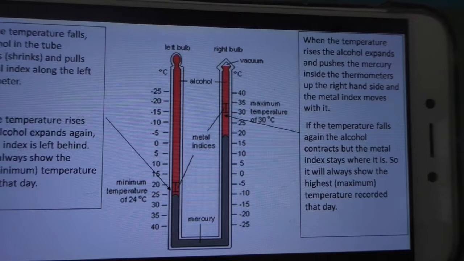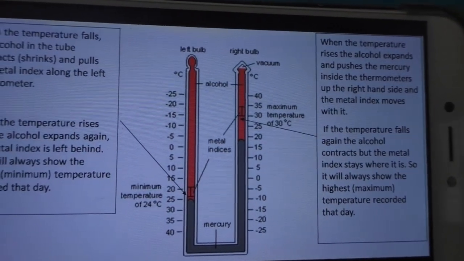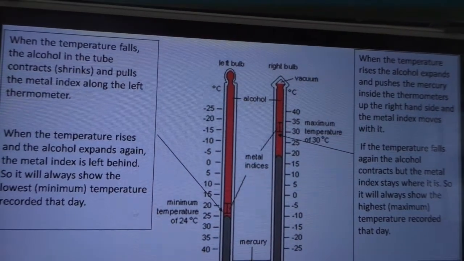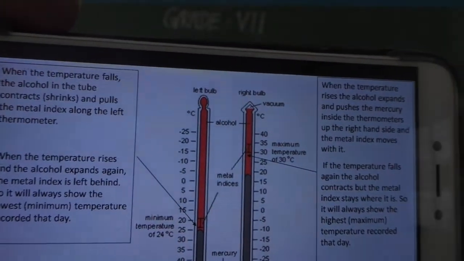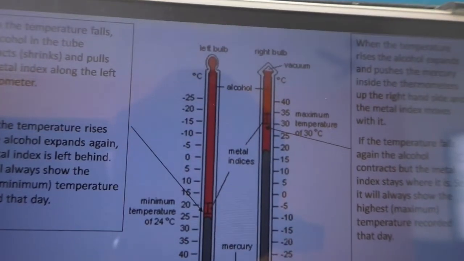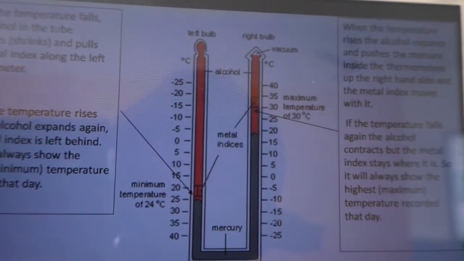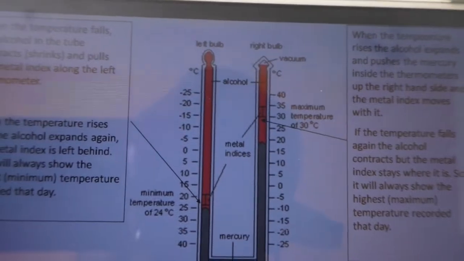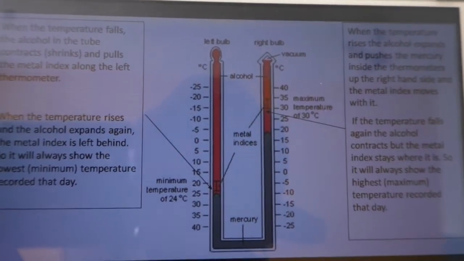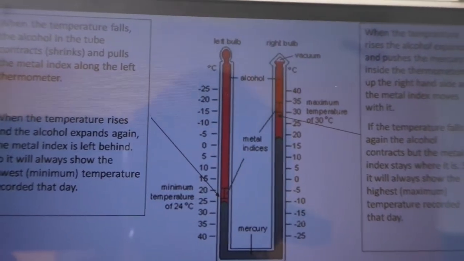In between the mercury and alcohol, a metal piece is also there. By the expansion and contraction of the mercury and alcohol, we can detect the maximum and minimum temperature on that particular day.